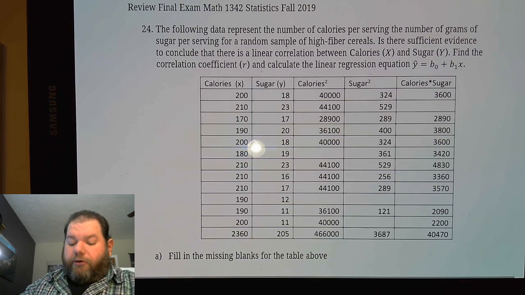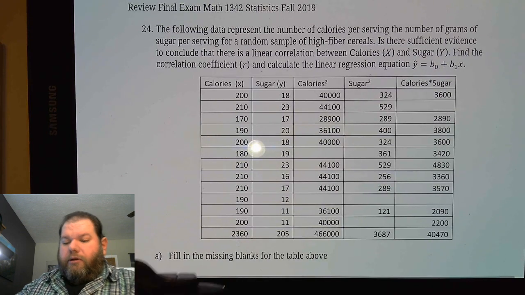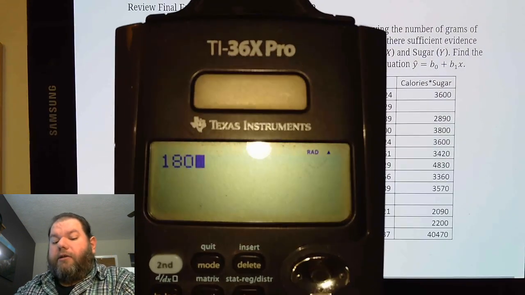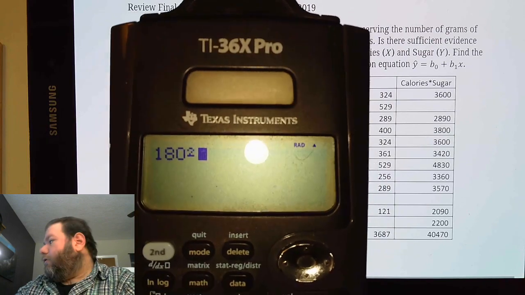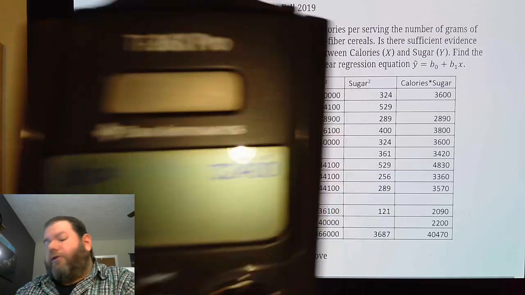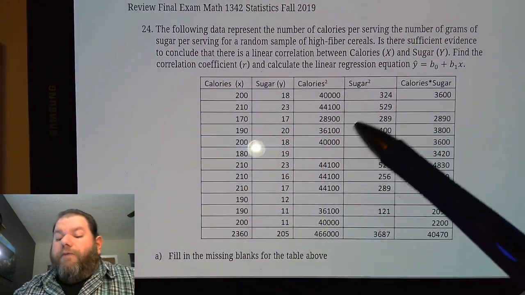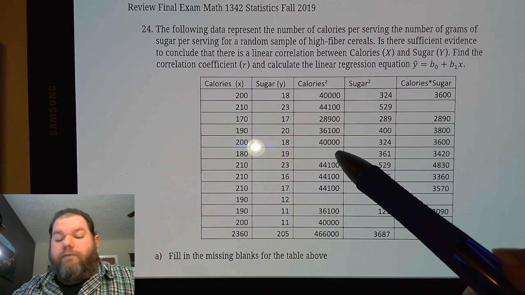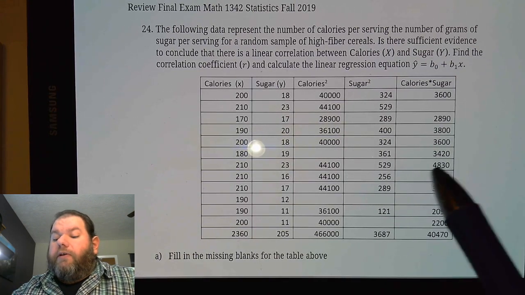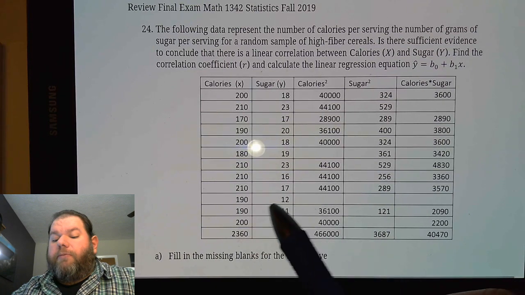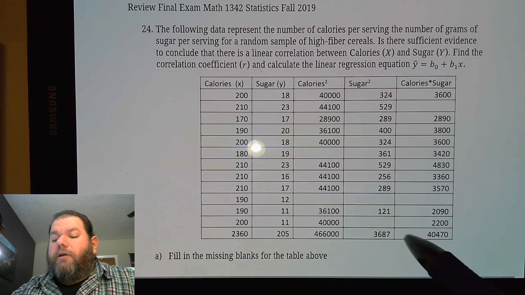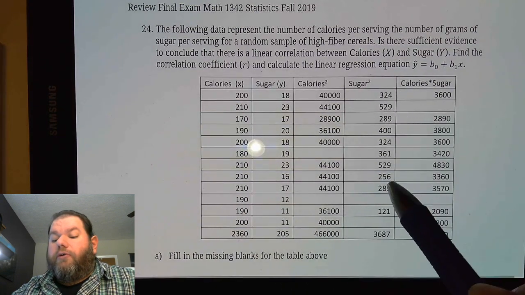So we'll just go to our calculator and say 180 squared. So 32,400. So we'll fill in this value with 32,400. Same thing down here. This will be 190 squared. This blank, this is sugar squared.